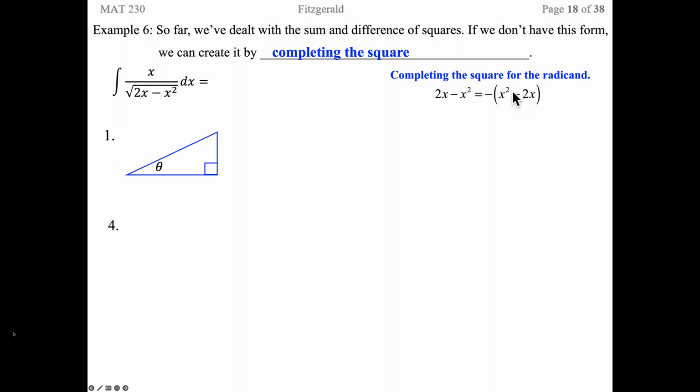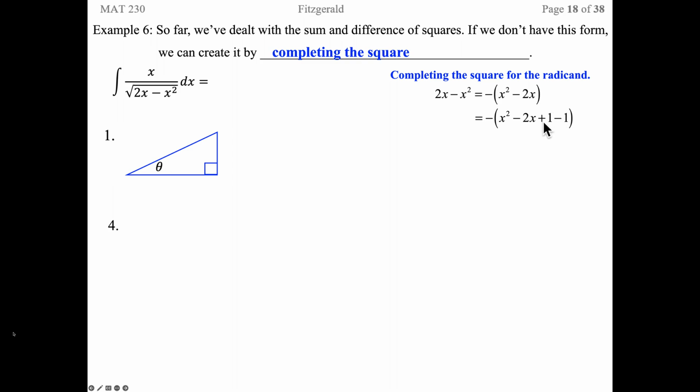And then to complete the square, I want to turn this x squared minus 2x into a trinomial that I can factor. So I'm going to add something and subtract the same thing inside my parentheses. To find what I want to add, you take that minus 2x, divide it by 2 to get negative 1, and square it to get a 1. So this plus 1 is what I want to add, but to keep it the same value, I also have to subtract 1.